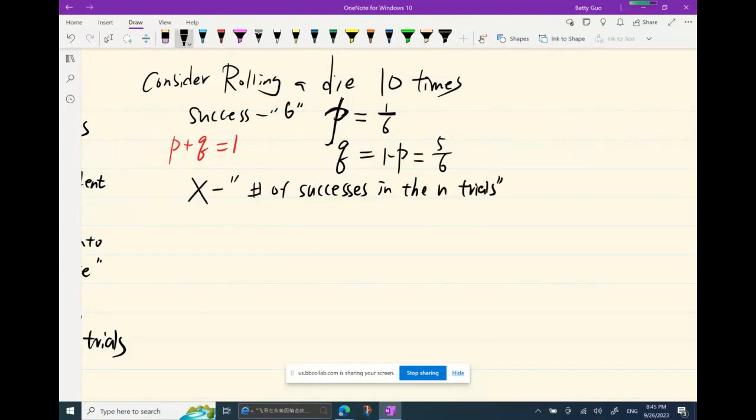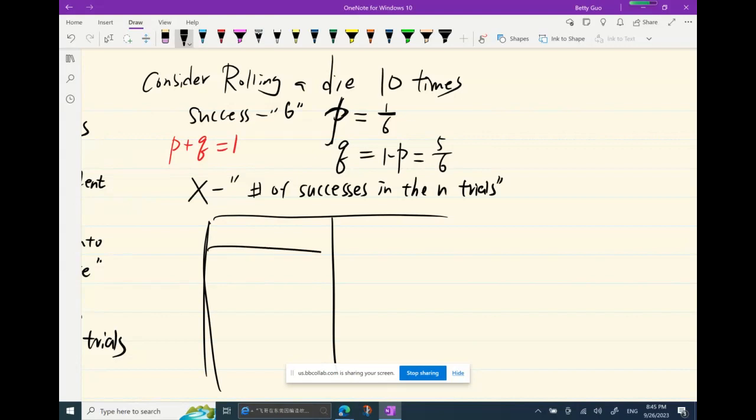In our case, X represents the number of successes in the 10 trials. Let me set up the table: 2 columns. The first column has all the possible values for X, and the second column has their probabilities.